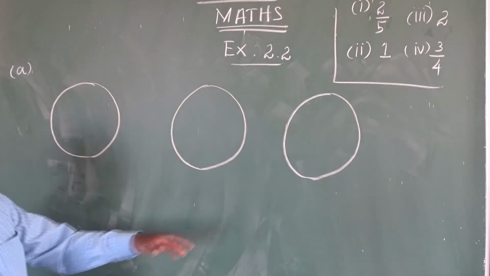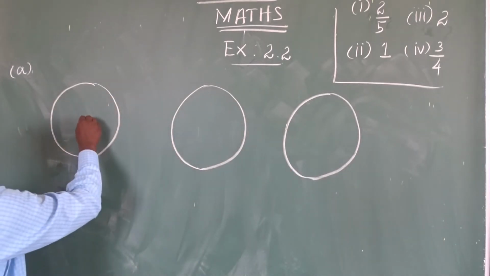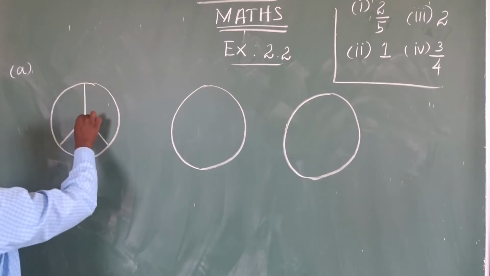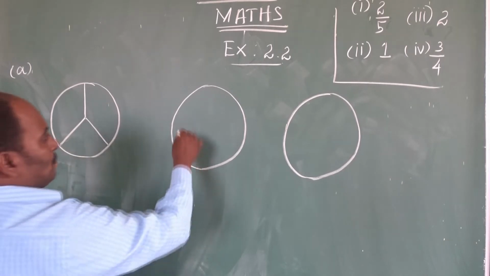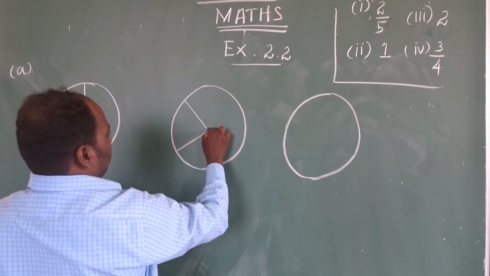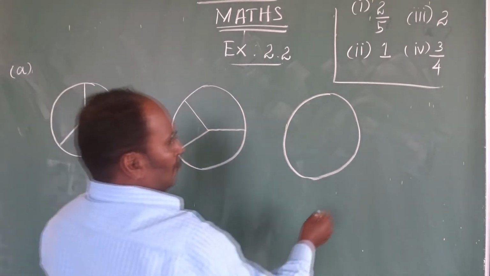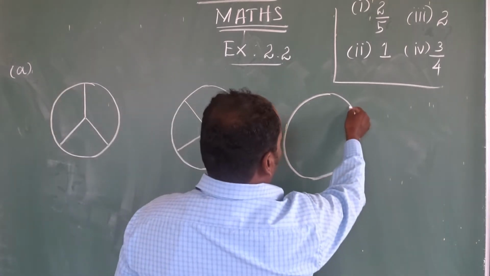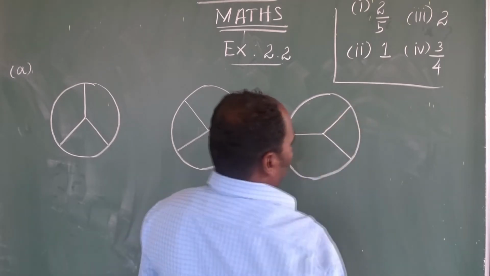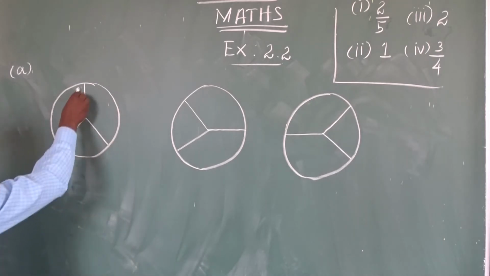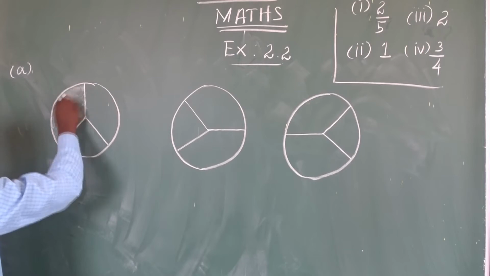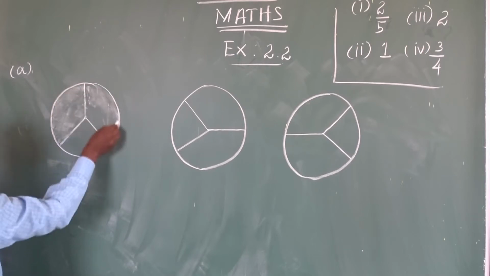Totally three circles having. The first circle, center portion 1 and 2.